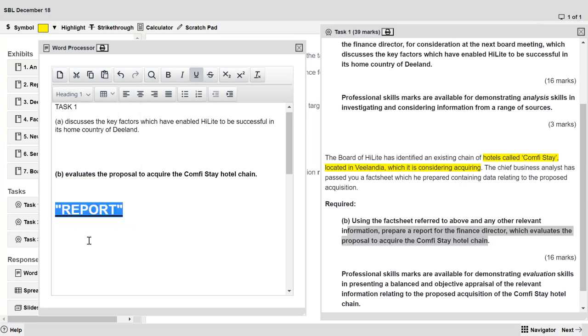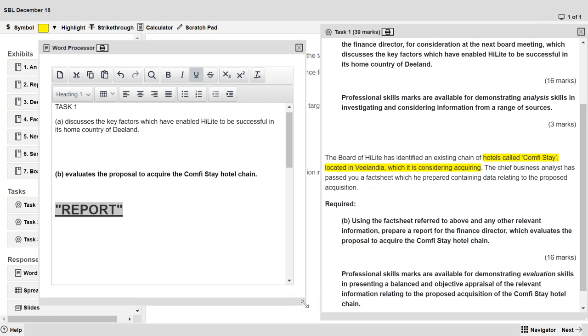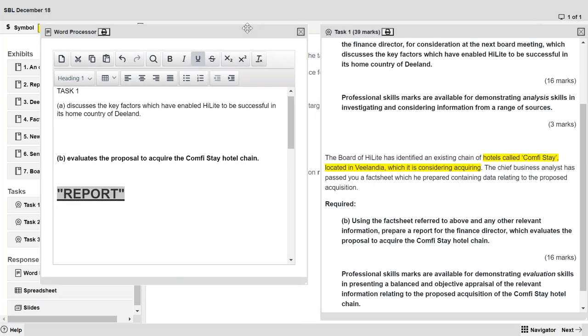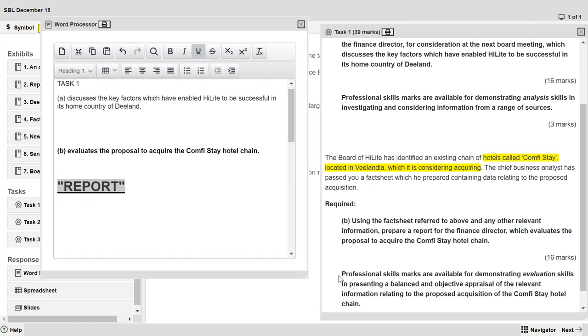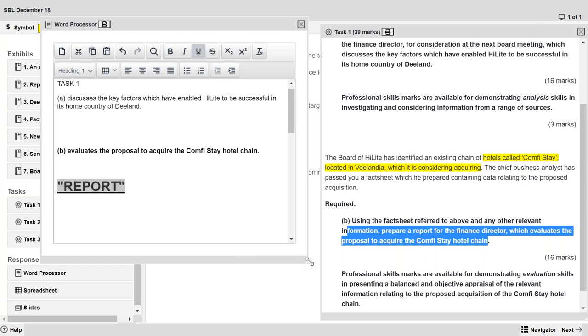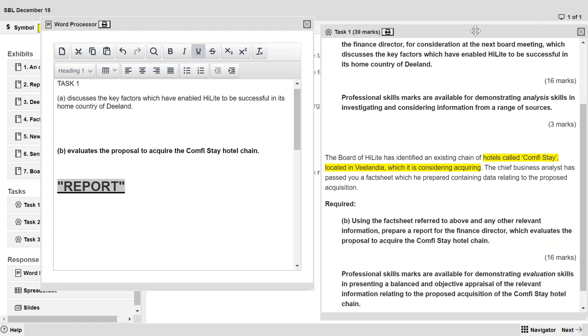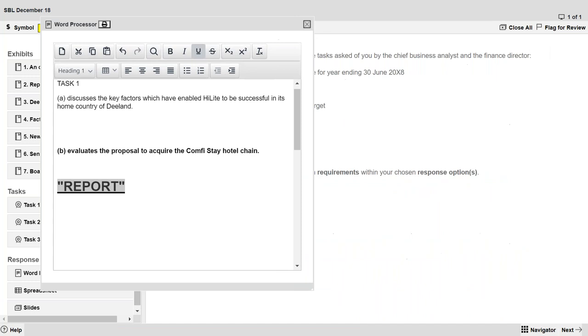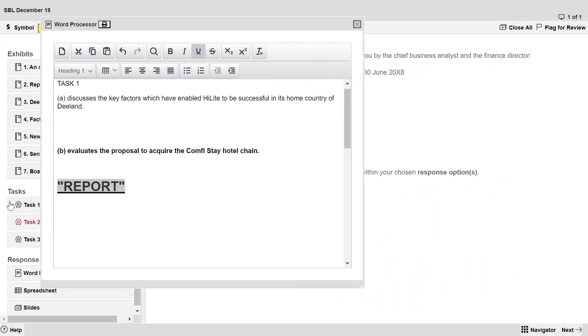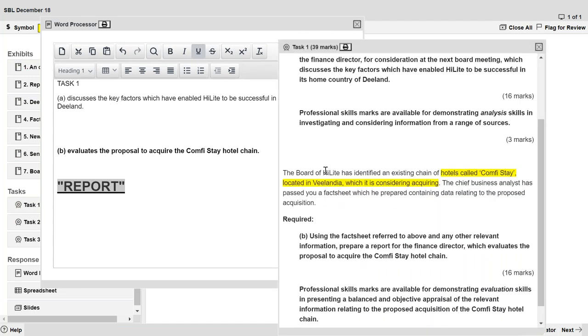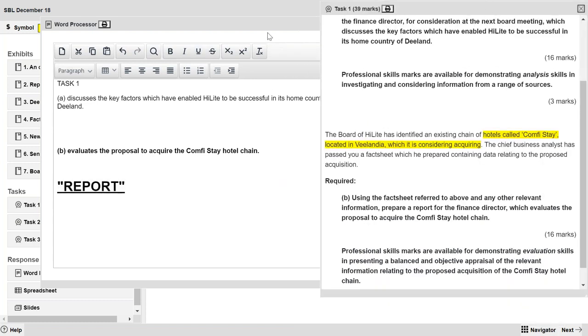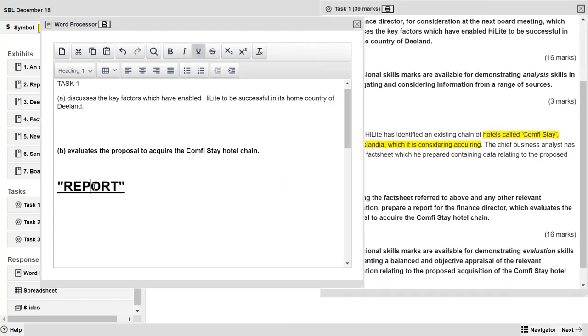So heading 1 is report. I would select a big one. And I will center it. So these are left, center, right. I press center. It looks like this, report.